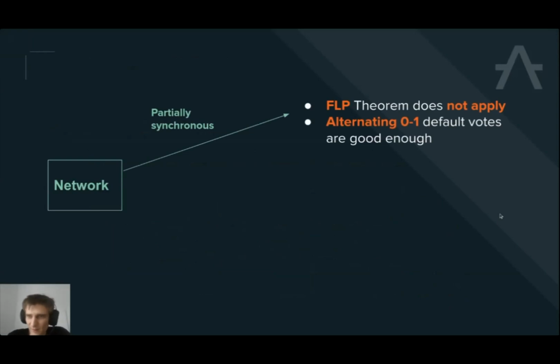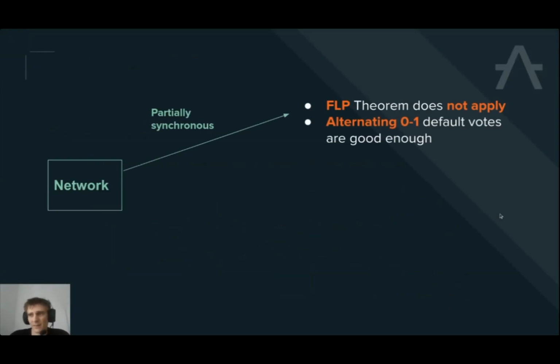The FLP theorem does not apply here, and we can just use alternating 0-1 default votes, and this is a complete working protocol that achieves consensus. And if you're interested in a practical BFT protocol, then yeah, this is essentially the end.